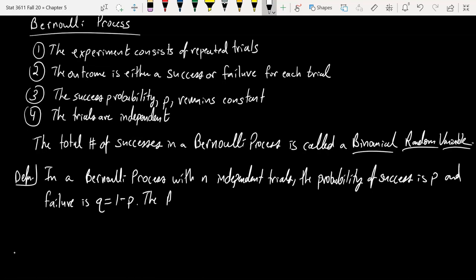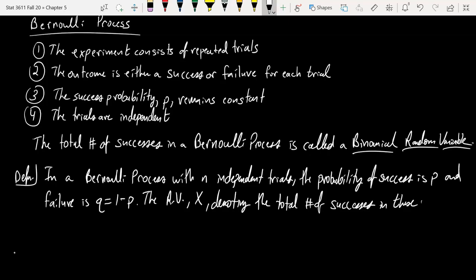The random variable, capital X, denoting the total number of successes in these n trials follows a binomial distribution.